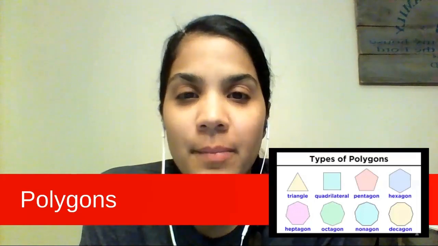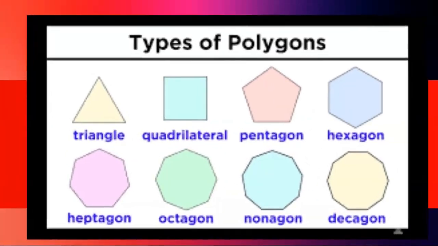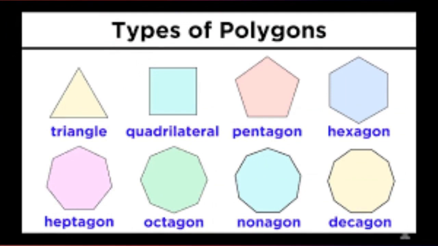Hello, boys and girls. It's time for math. I hope yesterday's video helped you with the basics of polygons. I'm going to review just a little bit again today and just add on about regular and irregular polygons. So, types of polygons that you heard about yesterday were triangle, quadrilateral, pentagon, hexagon, heptagon, octagon, nonagon, and decagon.